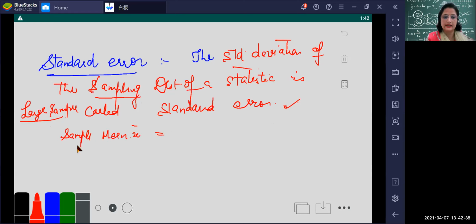So for large samples, if we have the statistic x bar, then what will be its standard error? Here I am writing the standard deviation or standard error, and here I will write the statistic. ठीक है जी. So mean के लिए जो standard error होता है that is sigma by root n.